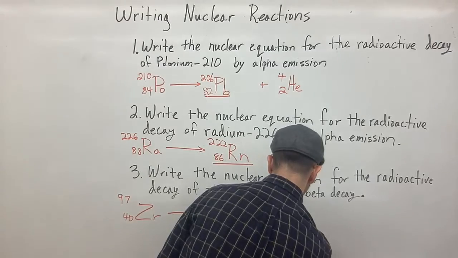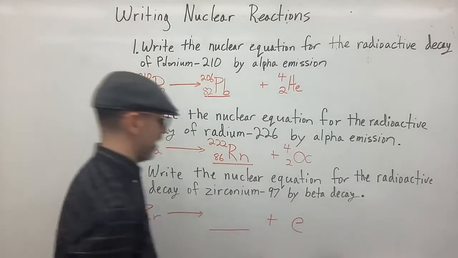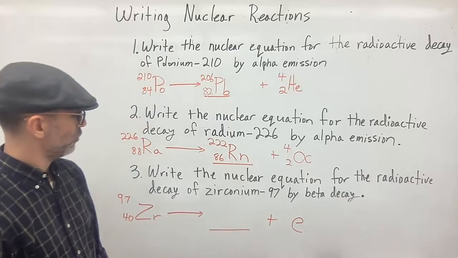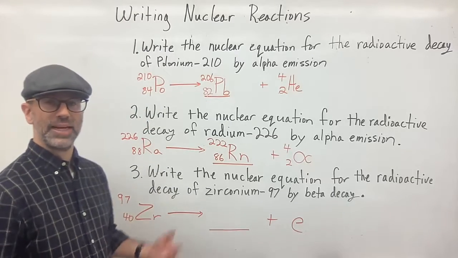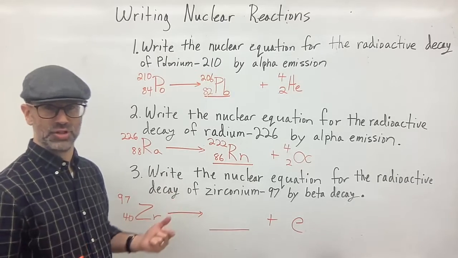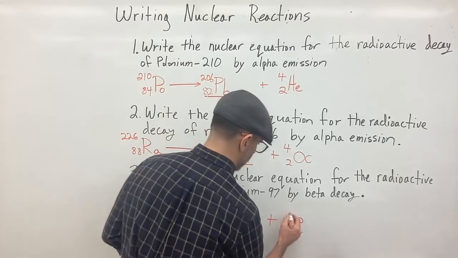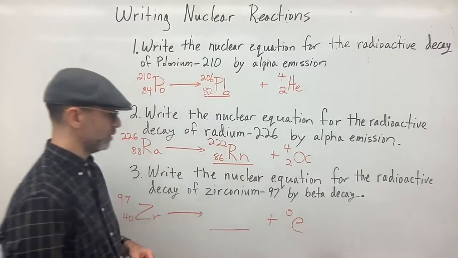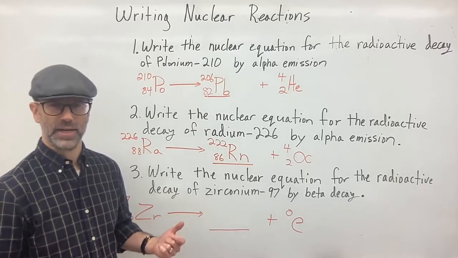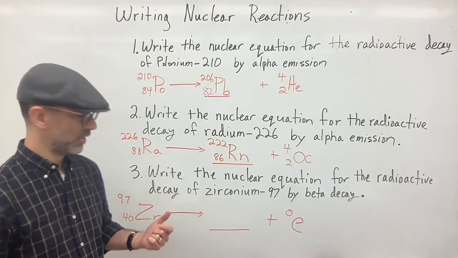Since it's basically an electron, you can have e. And since the mass number is on top, electrons have 0 as far as AMUs go. So we'll put a 0 on the top because that's the mass number. They practically don't have a lot of mass, so it's practically 0.